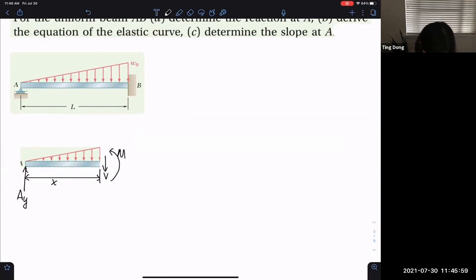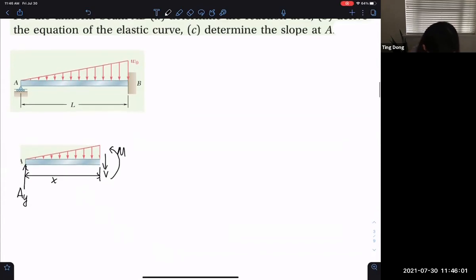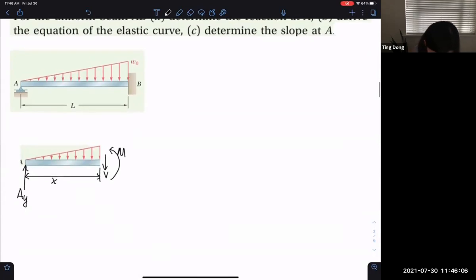How to write this equilibrium equation? Of course, first we need to find the equivalent concentrated force here, right? What is the equivalent concentrated force applied here? I think we did this in the first class of this semester when I did a review of statics. Let's do it quickly because we don't have enough time.